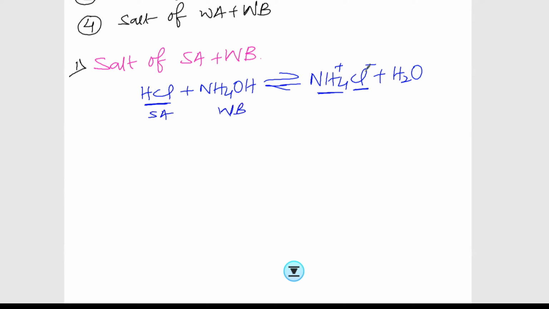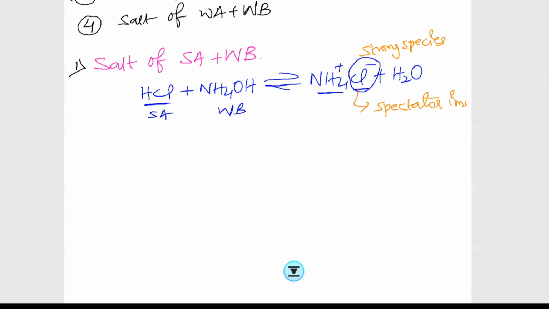So this chloride ion is from the strong species and will not undergo hydrolysis. These are called spectator ions. They do nothing and do not interact with the water molecule.